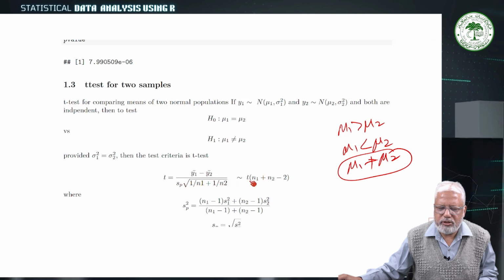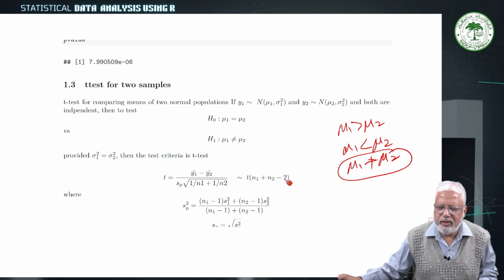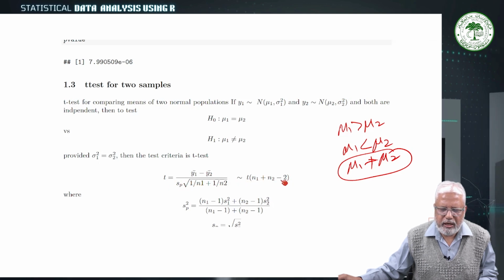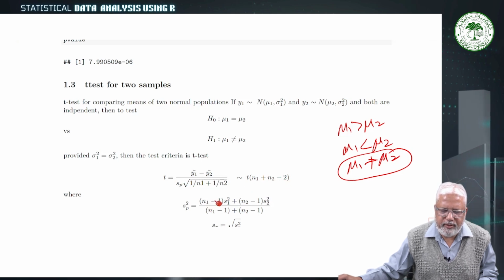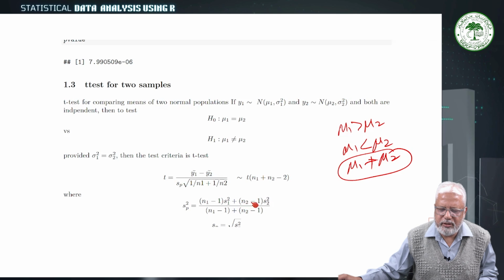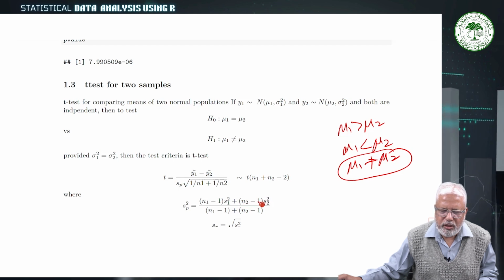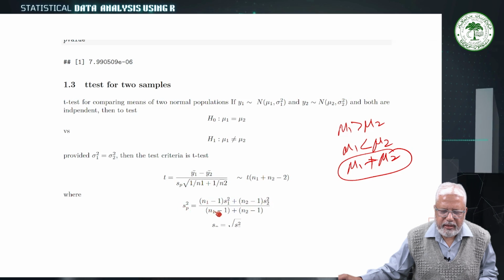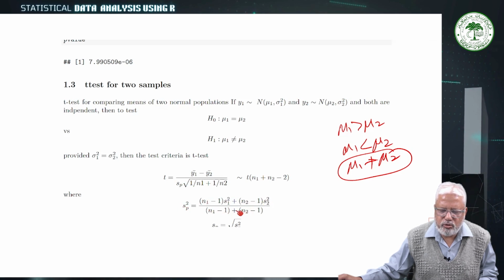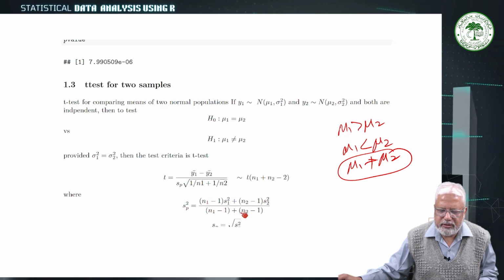So, this follows t distribution with n1 plus n2 minus 2 degrees of freedom. Actually, this is the degree of freedom associated with S1 square plus the degree of freedom associated with S2 square. When we pool the sum of squares, the total degree of freedom is nothing but n1 plus n2 minus 2.